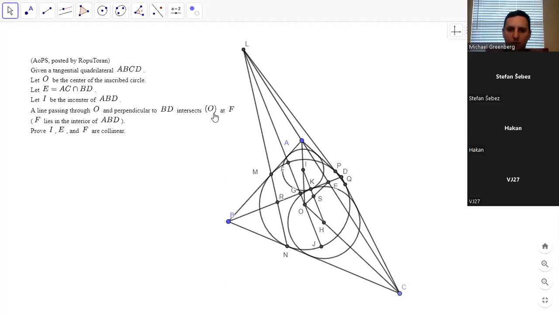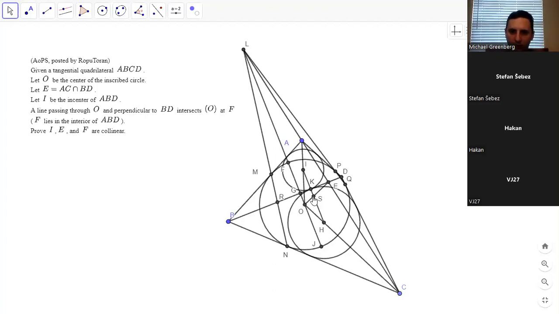Hmm, let's see. If I, E, and F were collinear, we could project them. Yeah, if they were collinear, then we could project through O onto LC.